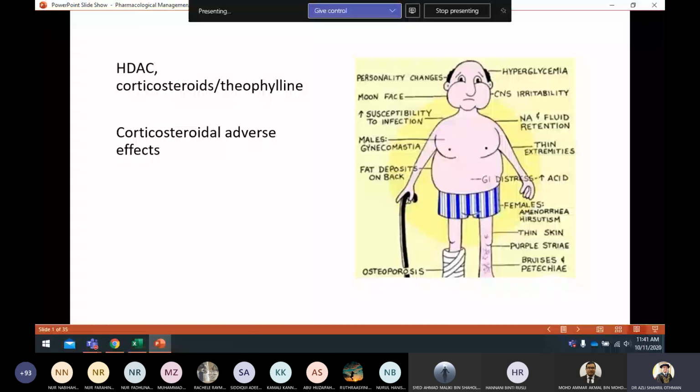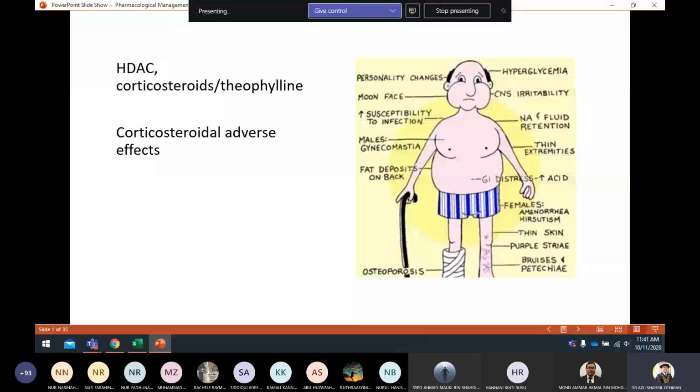Number one is on histone acetylation and theophylline. I told you already yesterday, there are two main mechanisms of action of theophylline.